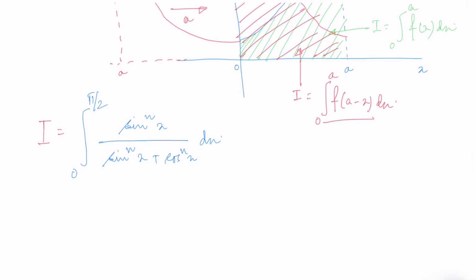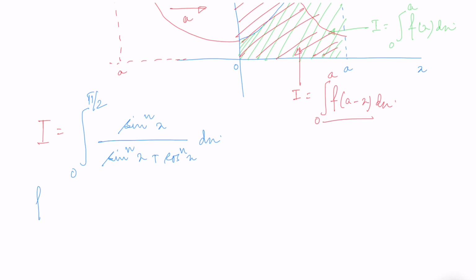Now, let's use this formula that I just used earlier. So what is f of x in this case? This whole thing that's being integrated. So now let's say f of x is sine to the power n x by sine to the power n x plus cos to the power n x.